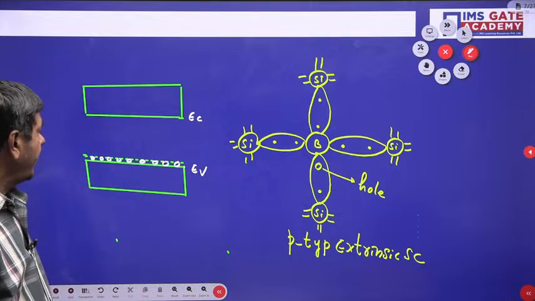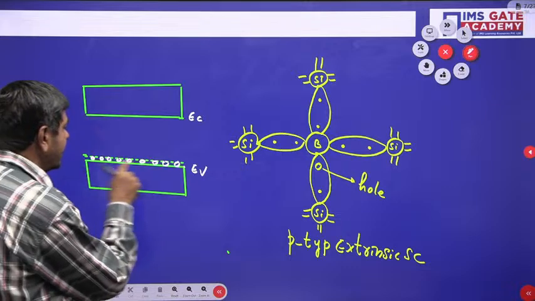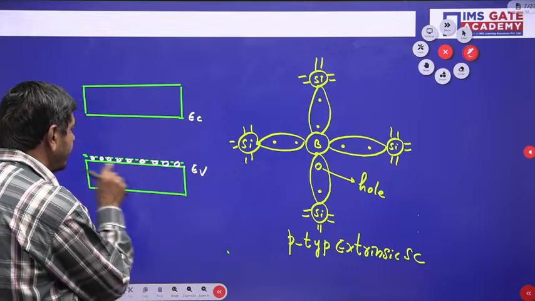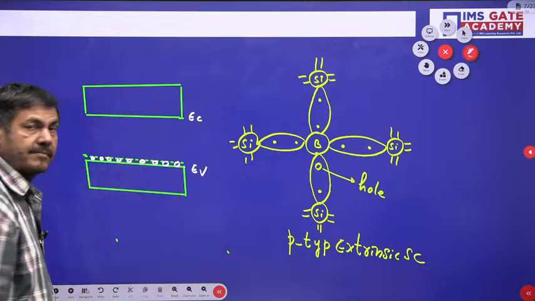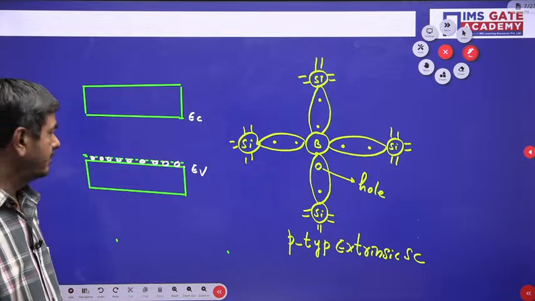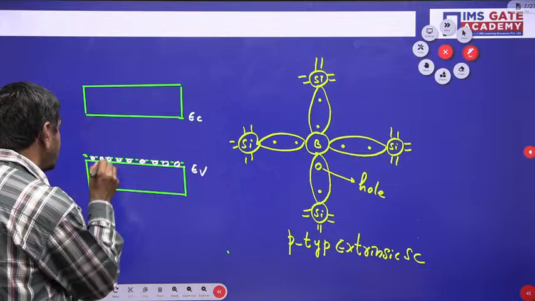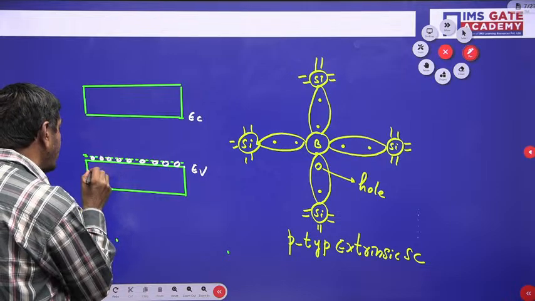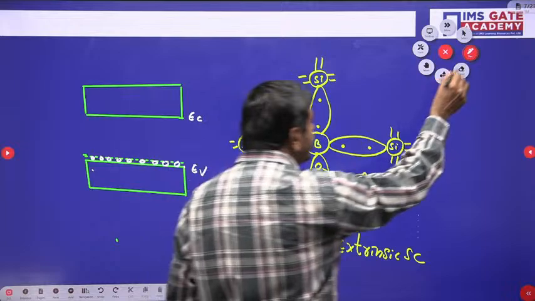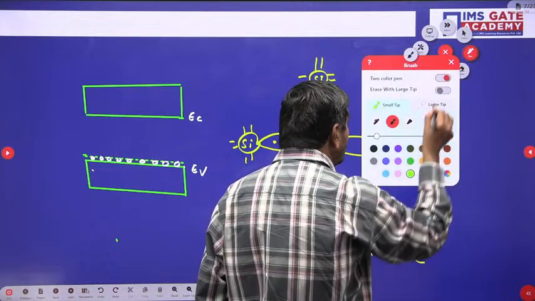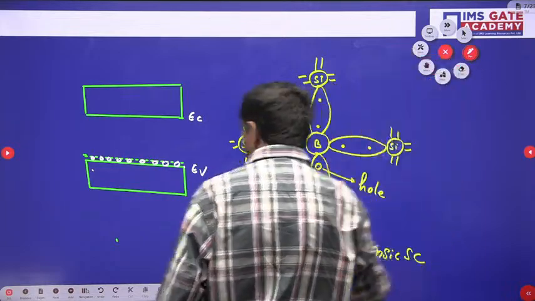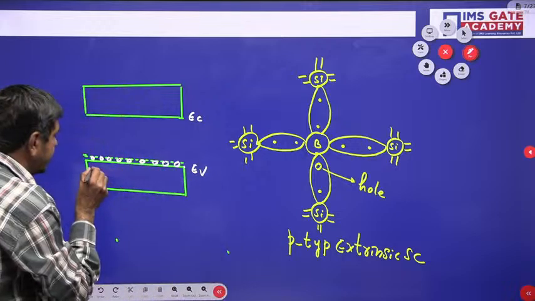Now you try to catch, this valence band contains a number of electrons. They are within the bond. To occupy this hole, an electron is going to move from here at low energy, or at low temperature.